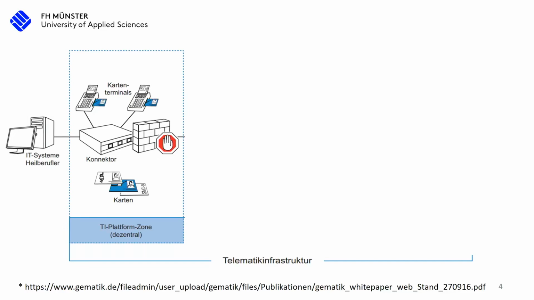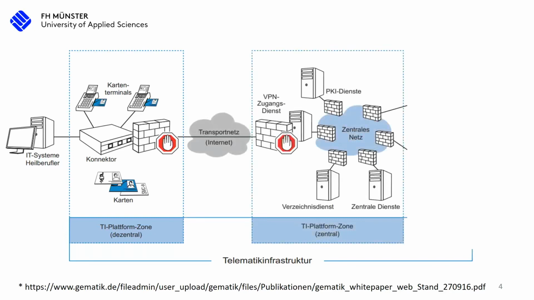And this connector here, this connects the internal network with the central TI network. This is this other zone here, and there we find different things like certificate authority and other central things like a time server, DNS server, directory server like an LDAP server.